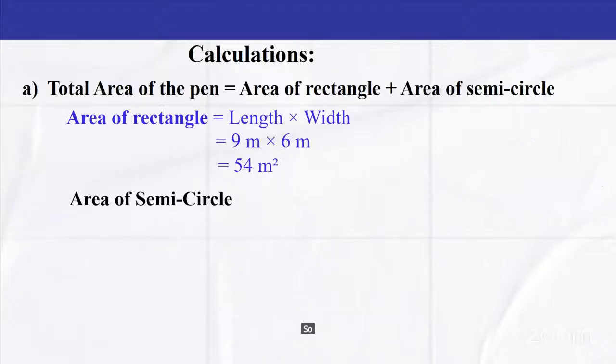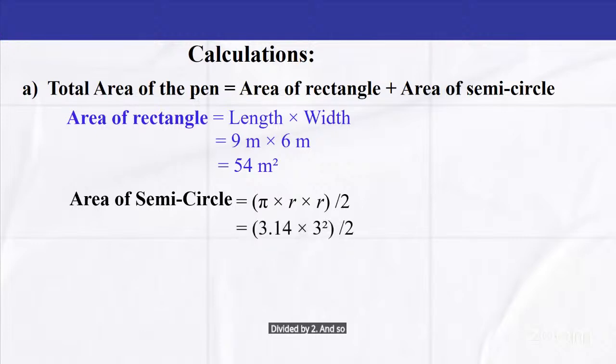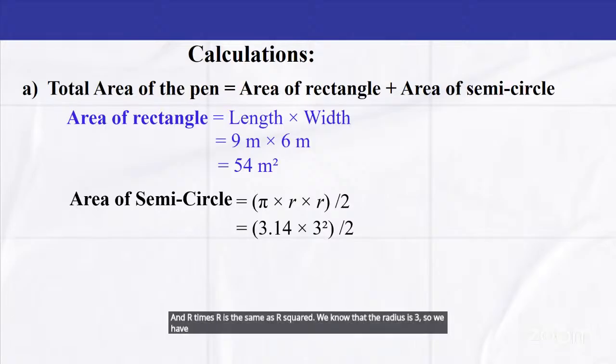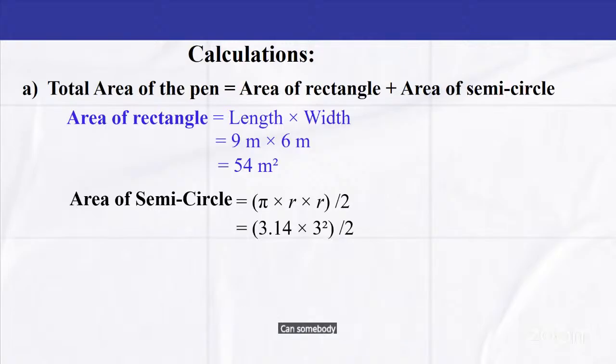It is pi r squared divided by 2, and we are substituting the values for the variables. We said use pi as 3.14, and r times r is r squared. We know the radius is 3, so we have 3 squared. Can somebody quickly work that out and tell me what you get?